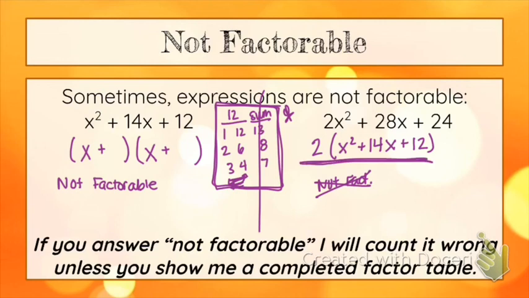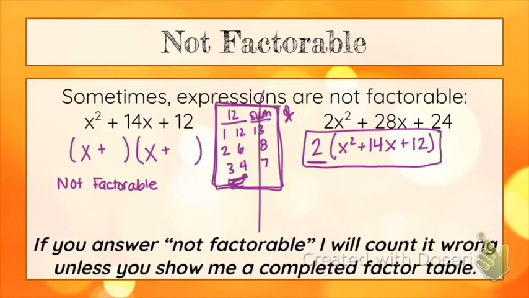The 2 factors are 2 and x squared plus 14x plus 12. So even though the trinomial is not factorable, this is still a factored answer because you factored a 2 out of the trinomial. Okay?